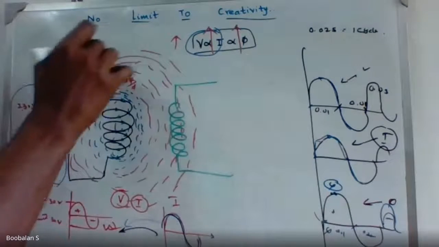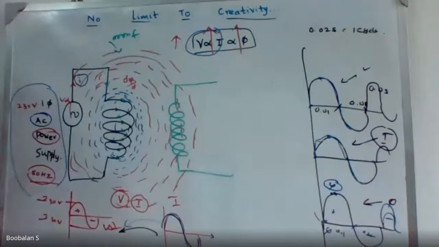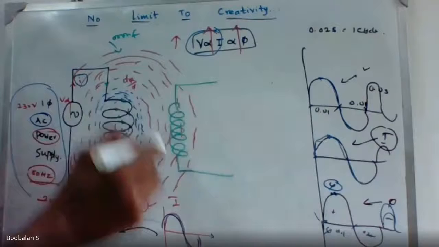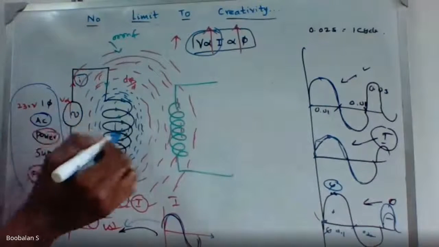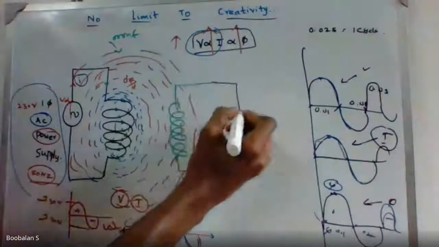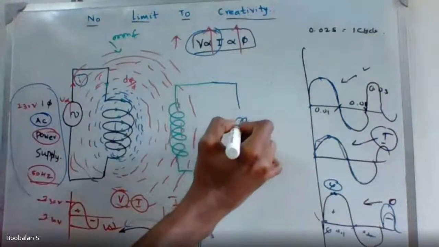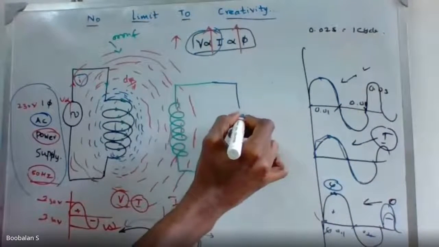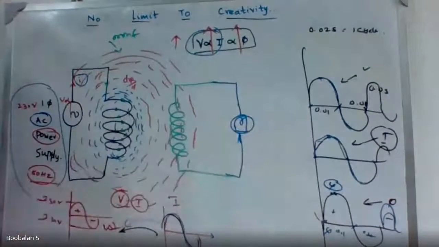This is called magnetic flux lines, magnetic flux density, mmf. I'm going to place one more coil, a copper conductor coil like this, over here. And now I'm going to place one light. What do you think will happen: will this light glow or not?